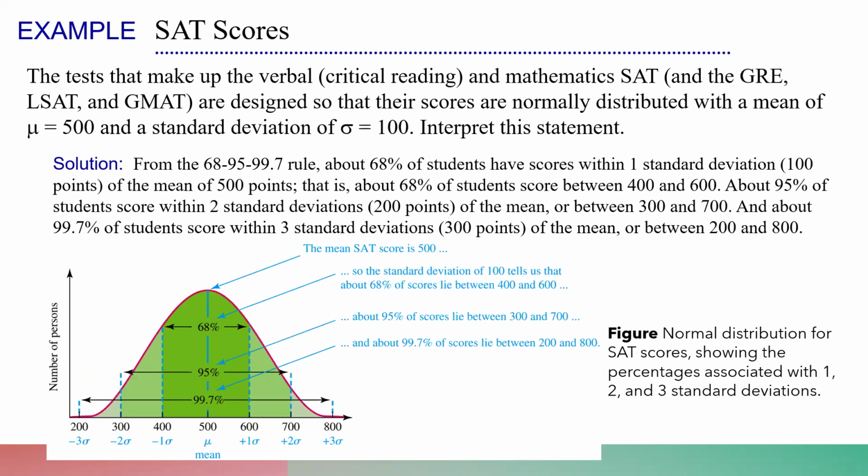Like, I could tell how many people are going to score below 600 from this information. I have the 600, that's one standard deviation. And I know because this is normal, that my 500, half of the data is above and half of the data is below. I also know that 400 to 600 is 68% of the data.